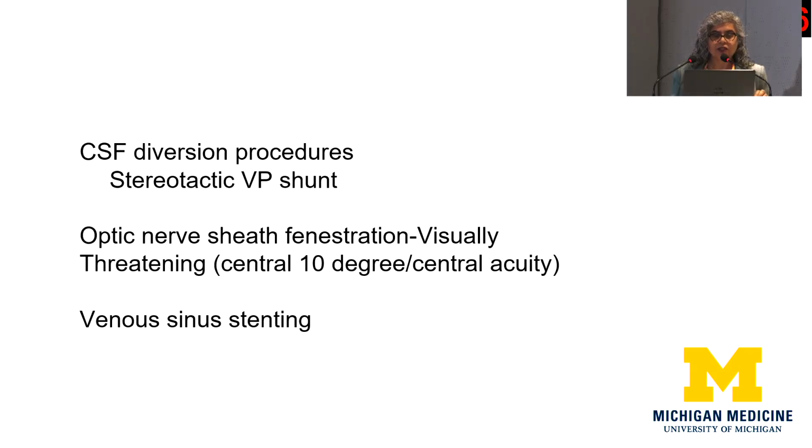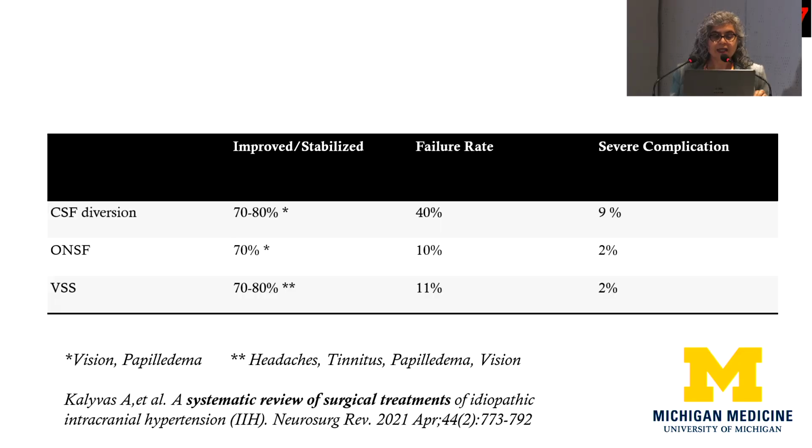Now, there is no head-to-head comparison and no randomized controlled trial for this, but there is a case series and a systematic review of surgical treatments. If you see the first column here, all three measures did pretty well in improving or stabilizing vision. A small proportion of patients improve, more get stabilized, or improve papilledema.